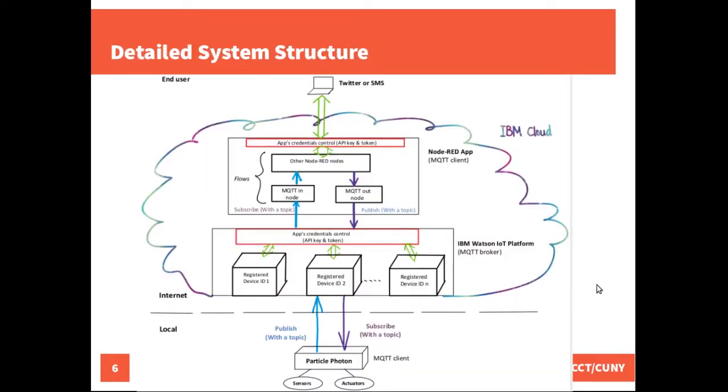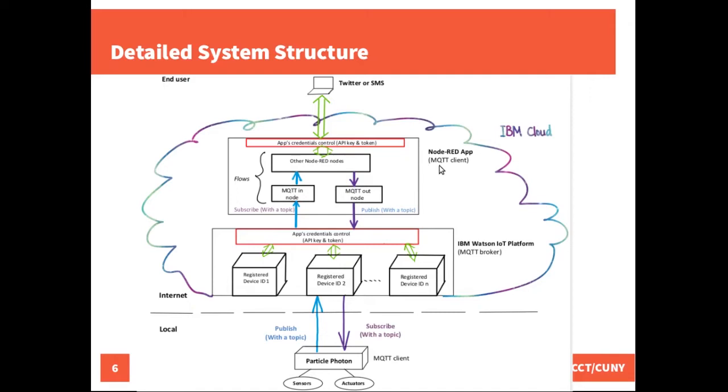Here I have a diagram showing the detailed system structure. From this diagram, you can have an idea how these three major components are all linked together and work together. The particle photon is registered on IBM Watson IoT platform. With a correct authentication token, the particle photon can connect with the IBM Watson IoT platform anytime and subsequently send data to the cloud through MQTT.